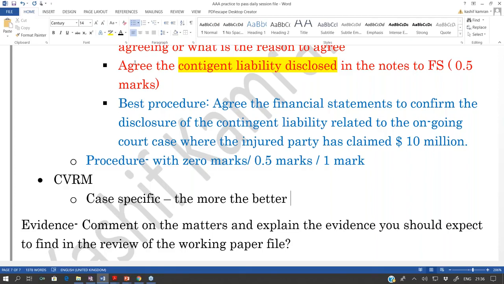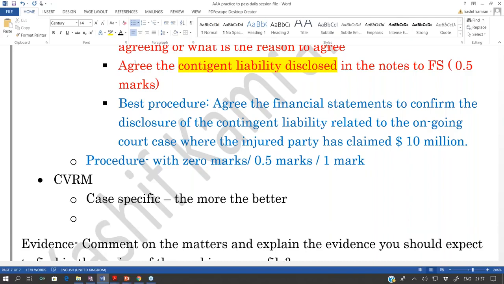If you write contingent liability, but you write the value of the contingent liability, that's more case specific. If you write a provision, but you specify the value of the provision if given in the case study. So if you use the specific language, values or names of the case, there are higher chances you're writing a case specific procedure.